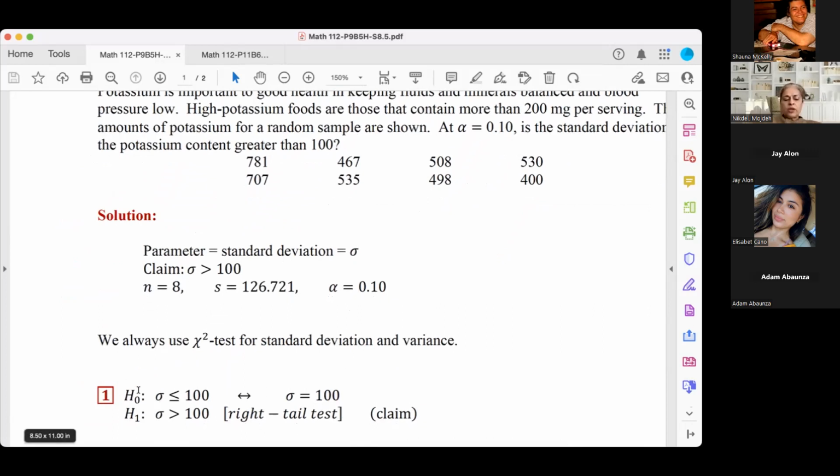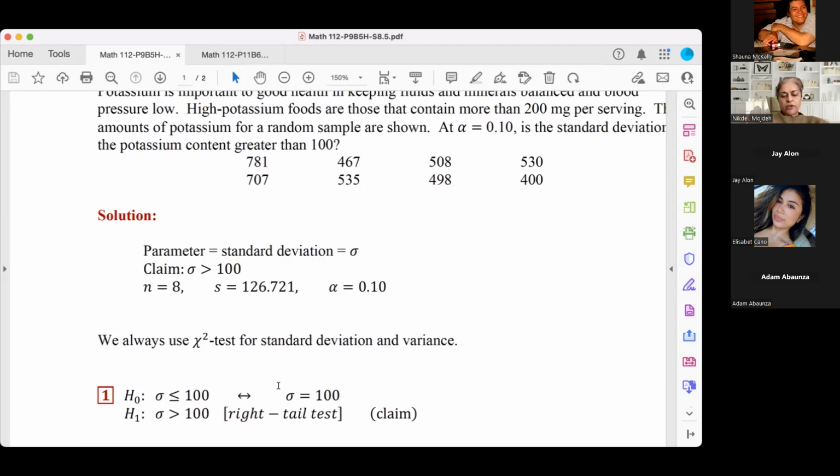And what is my null hypothesis? I write sigma, I write 100, but I put the opposite sign of greater than. I put less than, and I put equal attached to it, less than or equal. If you want, you can write the author's equivalent. But if H0 is less than or equal or greater than or equal, I want to see that.